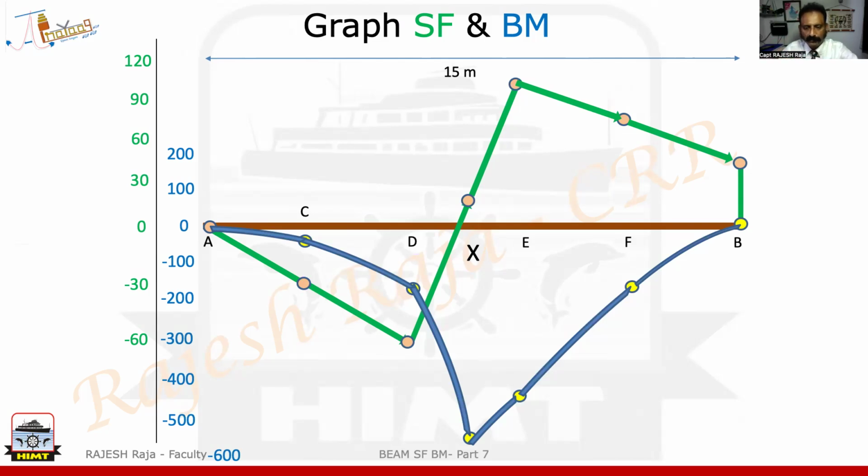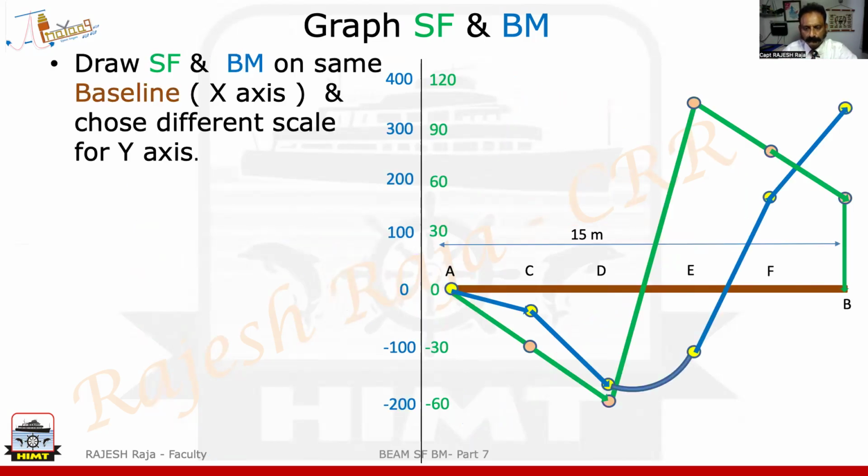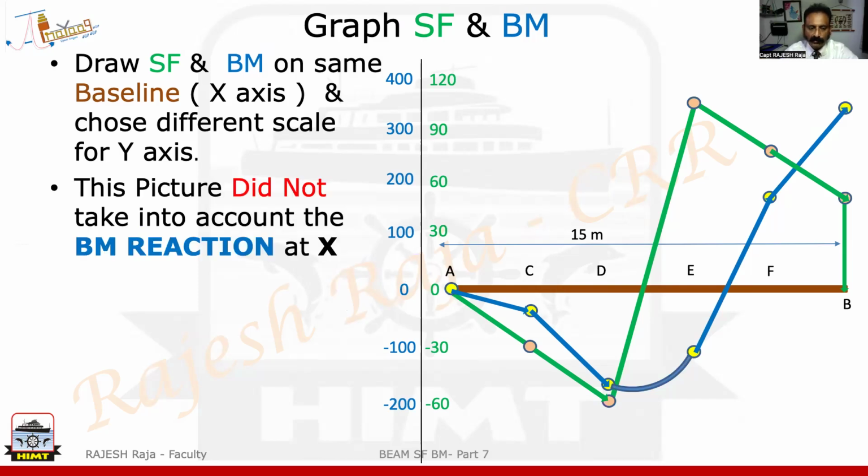I have done that a little bit in the previous cantilever. Now, if you remember, I had shown a diagram like this, and a couple of videos are showing diagrams like this also, but I must admit the calculation did not take into account the BM reaction. That is why you got this value.